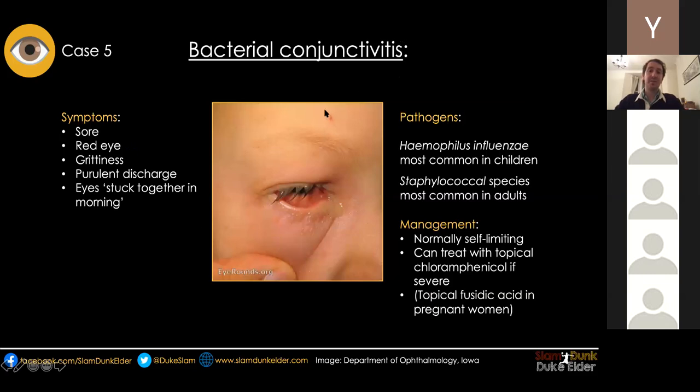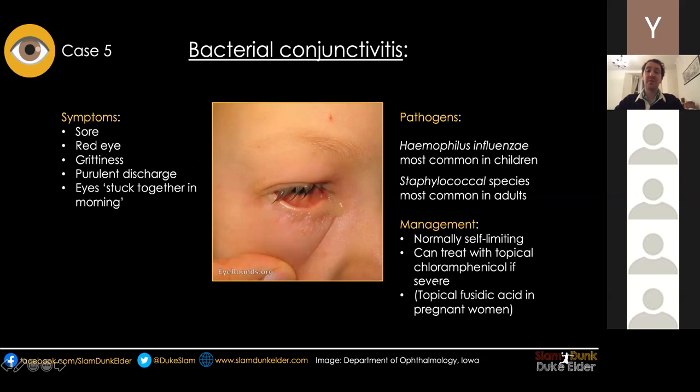So as before, purulent discharge, the eyes can be stuck together in the morning, grittiness, uncomfortable. Not normally something that we worry too much about because it's normally self-limiting. But if it's severe, we can treat with antibiotics.